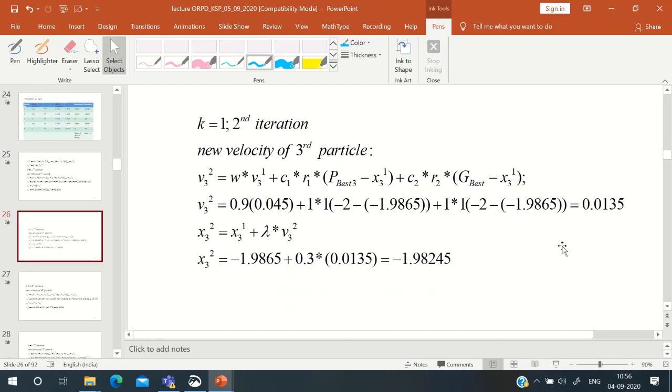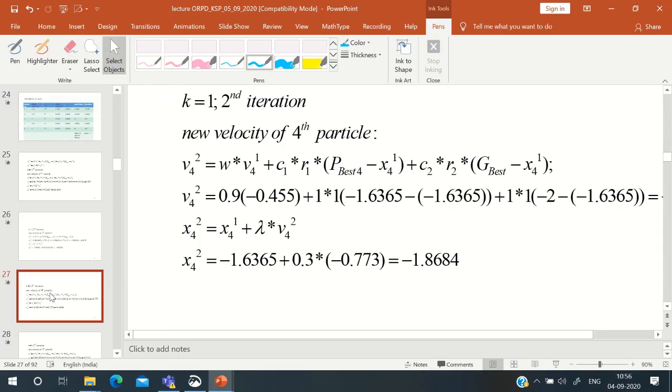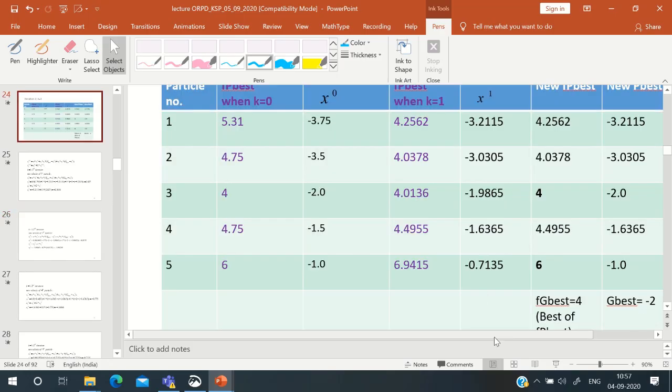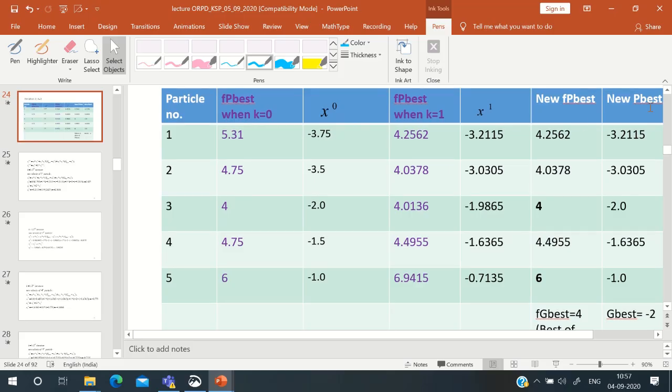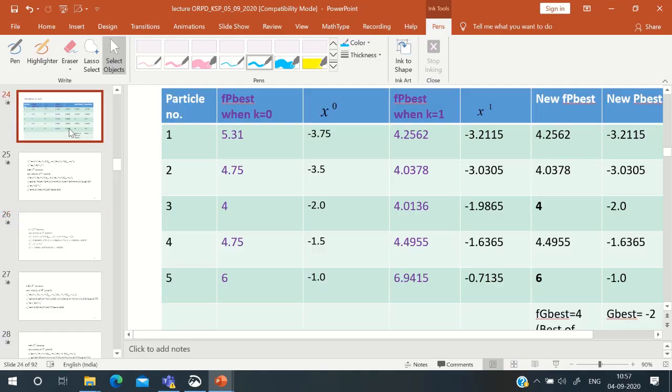The same procedure is carried out for the remaining particles, right? See, there is something special for the third particle. V3 2 is omega V3 1, 0.9 into 0.045, C1 R1 1, yes, P-best 3. What is the P-best 3 for the third particle? It is -2, minus current position of the third particle.